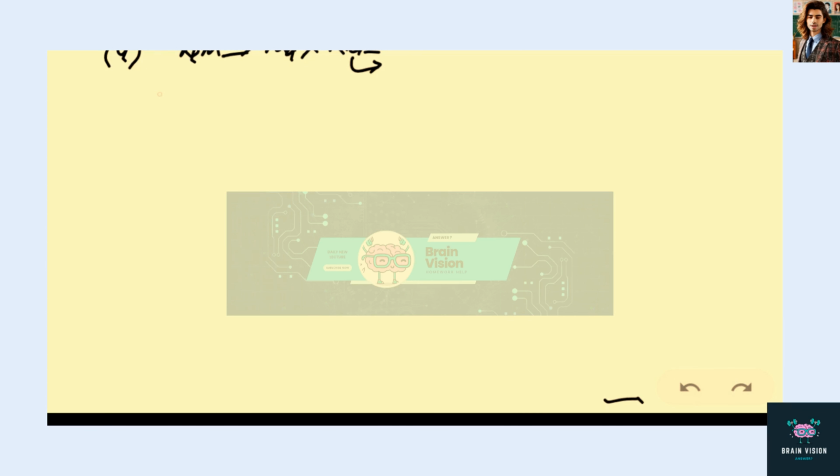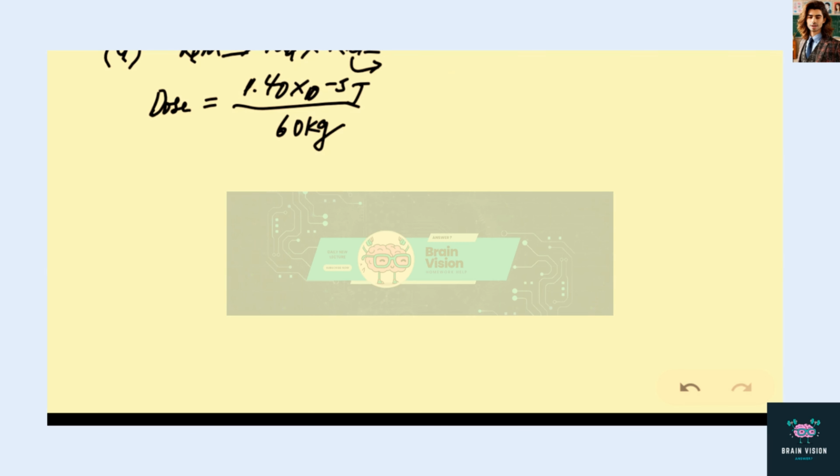So what we need to do now is to find the dose. We already have the total energy that will be absorbed by the body. We just take the energy, which is 1.4 times 10 to the power minus 5 joules, and divide that by the mass, which is 60 kilograms.